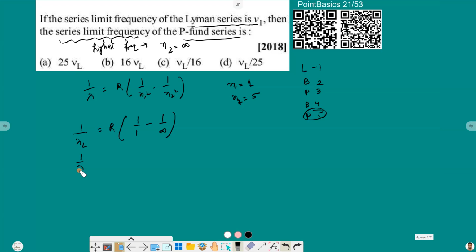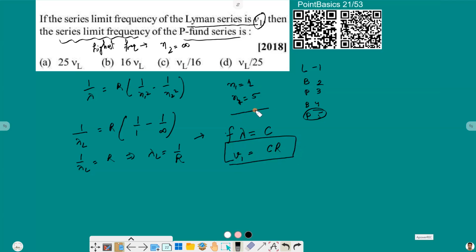So 1 by lambda L is equal to R, and lambda L is equal to 1 by R. Now, if we want to convert it into frequency, we know that frequency times wavelength is equal to the speed of light C, assuming this photon is moving in vacuum or near vacuum. So the frequency, mentioned as V1 here, will be equal to C by lambda, and lambda is 1 by R. So V1 will be equal to CR.